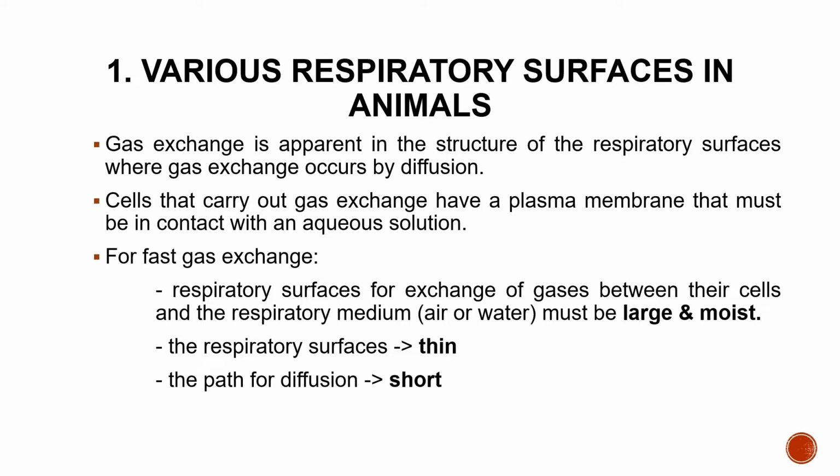So, for fast gas exchange, respiratory surfaces for exchange of gases between their cells and their respiratory medium, which is air or water, must be large and moist. Then, the respiratory surfaces should be thin and the path for diffusion should be very short.